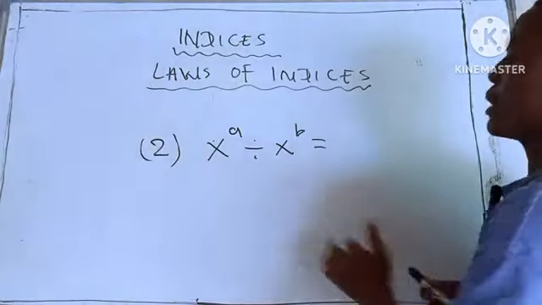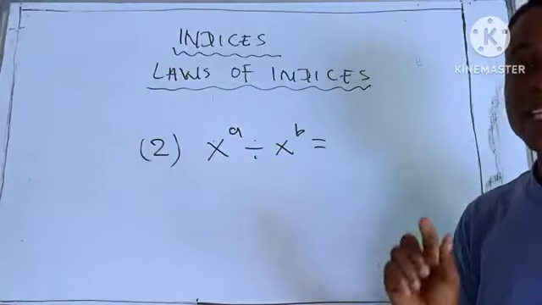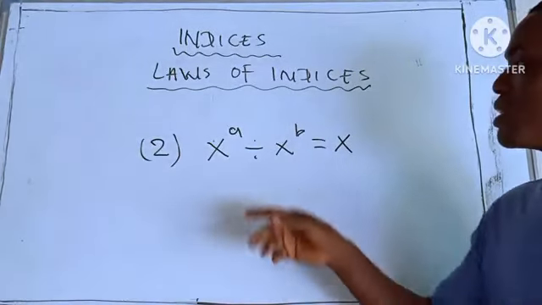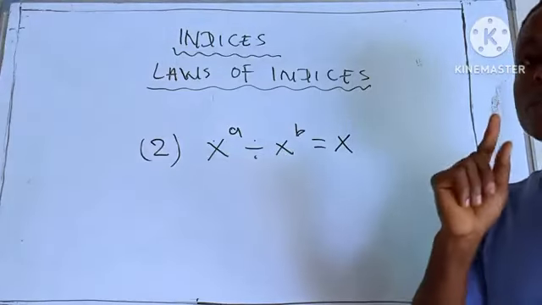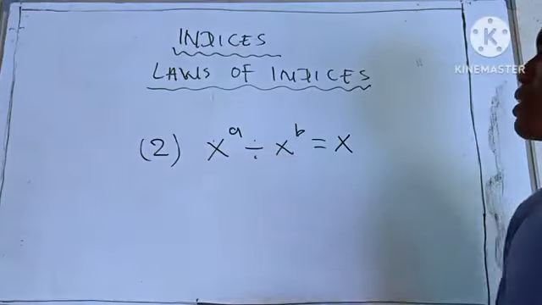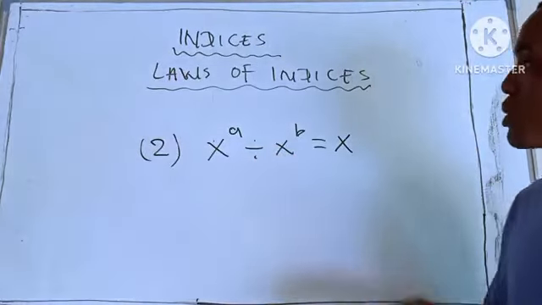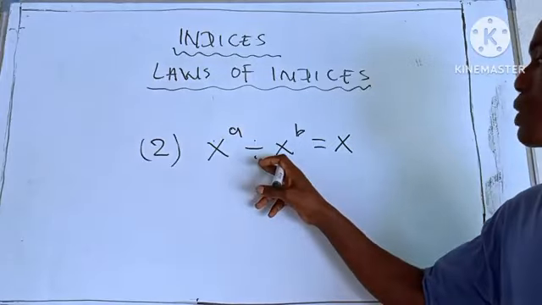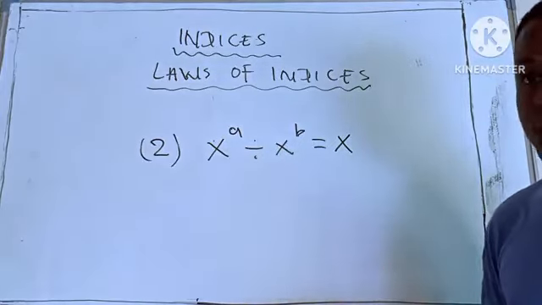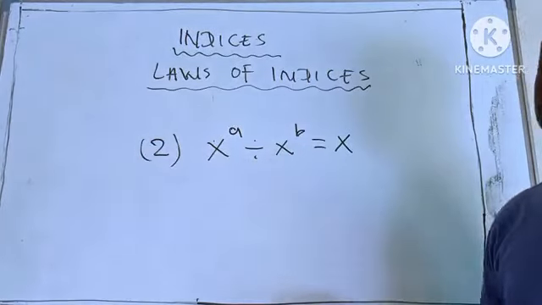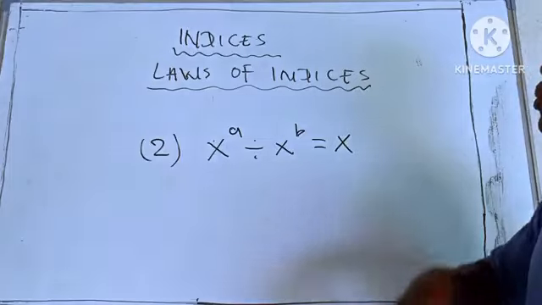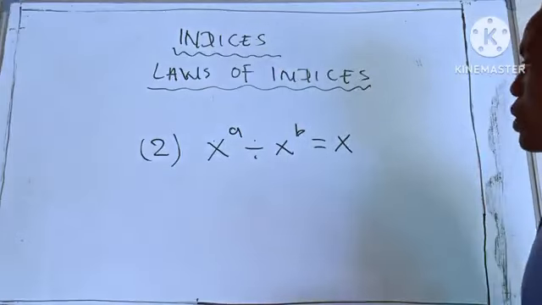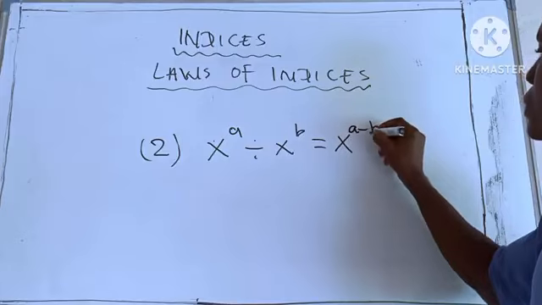We notice that the two bases are the same, x and x, so you take one of the x. Since the middle is a division sign, what you need to do is minus the up numbers, or the index numbers. If the middle is multiplication, you add the up numbers. But if the middle is division, you minus the up numbers. So it will now be a minus b.